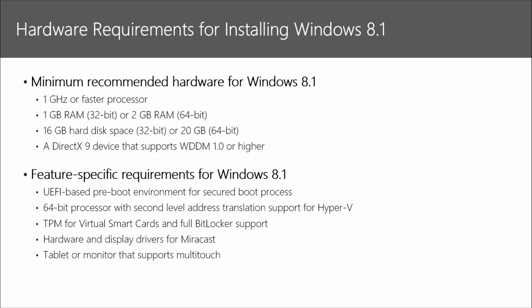So the bottom half of the screen is saying, well, for certain features of Windows 8.1, you'll need to have certain pieces of hardware. So what Brad just mentioned is the TPM, Trusted Platform Module. That's used for full BitLocker support, but a new feature in 8.1, we'll talk about later, is called Virtual Smart Cards. So if you want to use Virtual Smart Cards, then you've got to have the TPM on the motherboard. Absolutely.